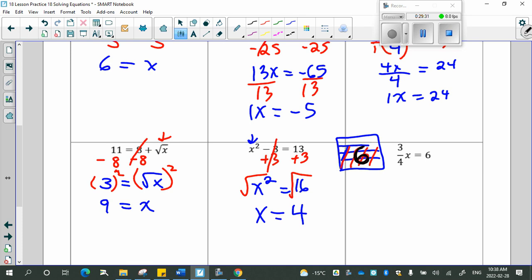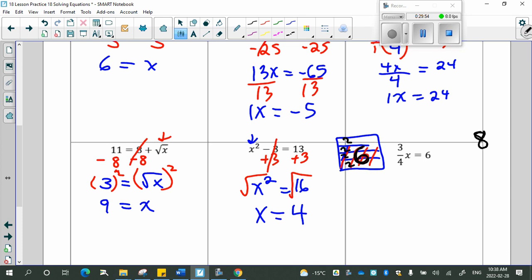What's one way to think about it? If 3/4 of it is 6, what fits into each little quarter? 2? If 3/4 of it is 6, that means that there's 2 in each one of these. Does that make sense?